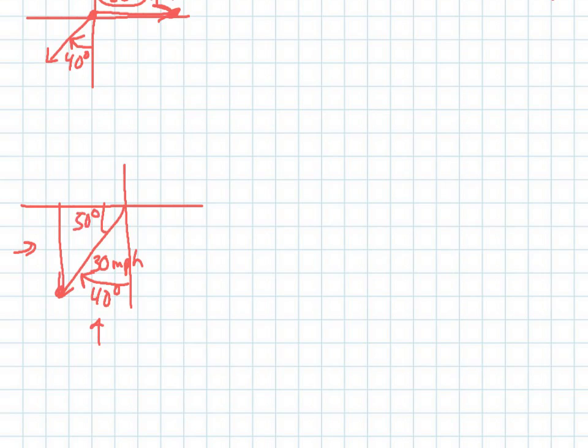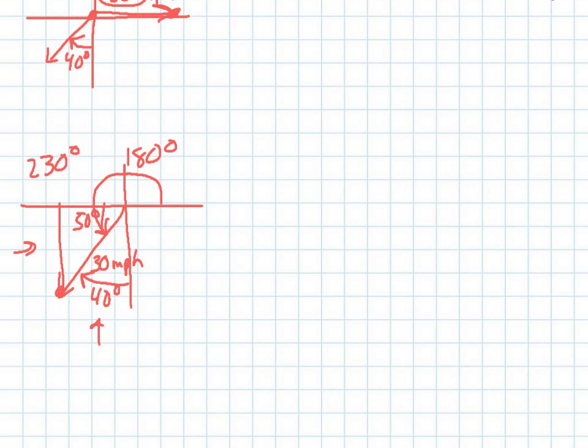Now I have my angle and my magnitude. I also need to use the entire angle. If that's 50 and this is 180, together it's 230. The reason to use 230 and not 50 is that when you plug it into your trig equations, it takes care of your negative and positive signs.